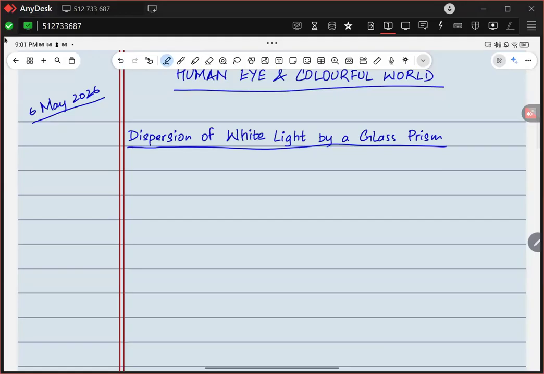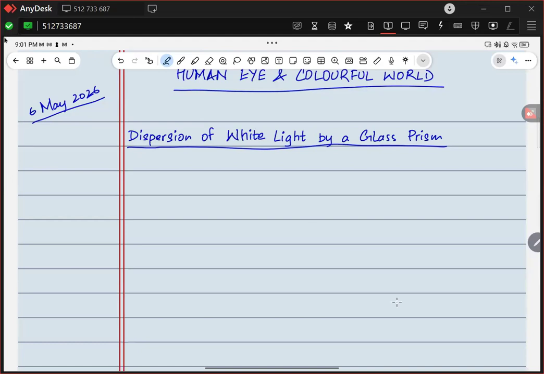Okay. So when white light passes through a prism, we get a rainbow. Now, why does this happen? We will be discussing that.